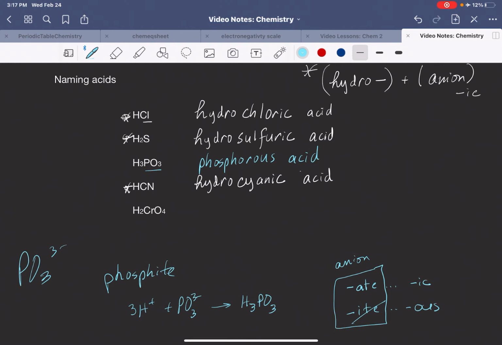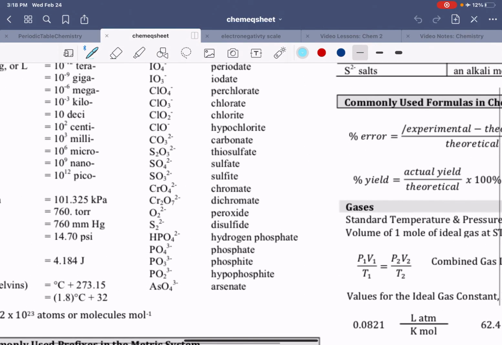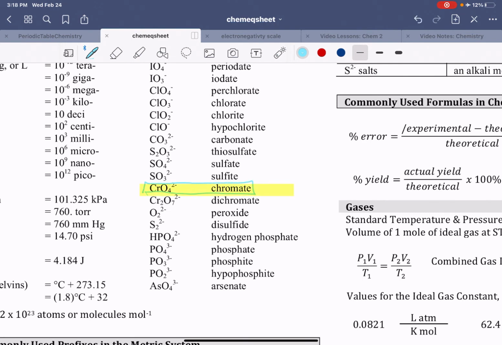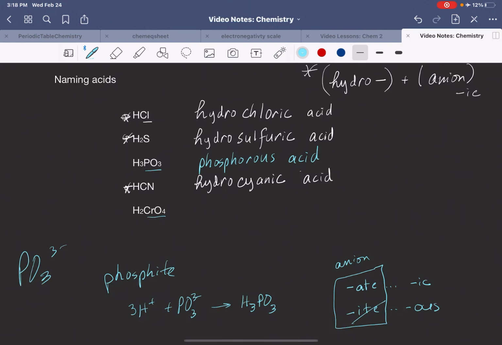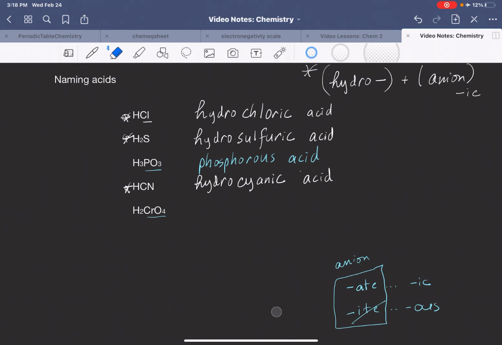All right. So now let's look at this one right here. We see this CrO4. Let's go to our polyatomic ion sheet, and we see that CrO4 2 minus is chromate. So we've got CrO4 2 minus, which was added to hydrogen ions.